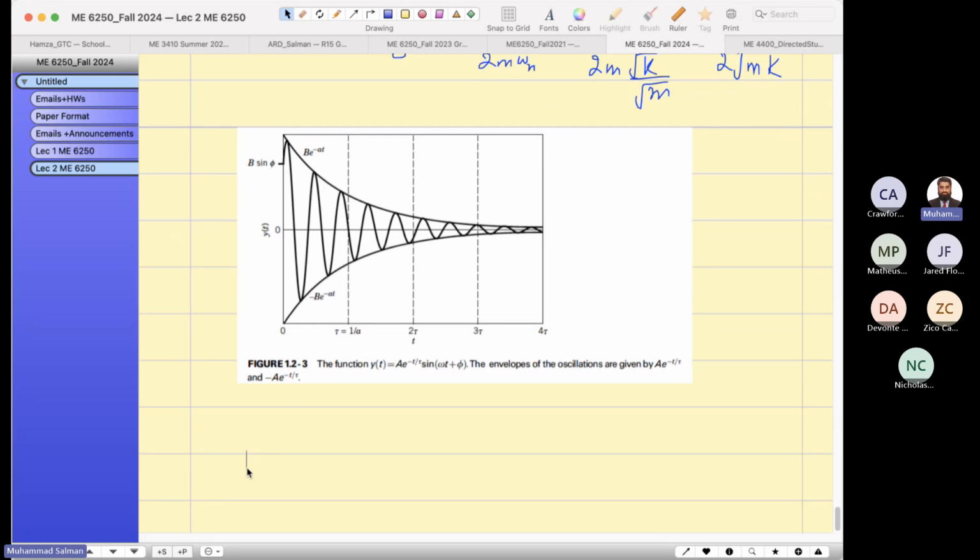That's what it shows me, because of the damping. And you want to find out what is the time constant here. Oh, this is an important term, time constant of a vibrating system.